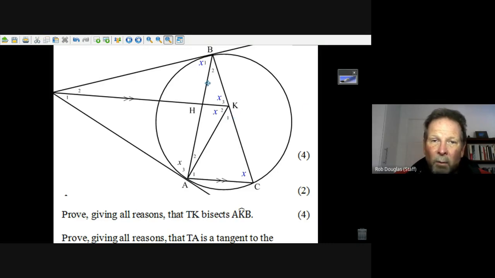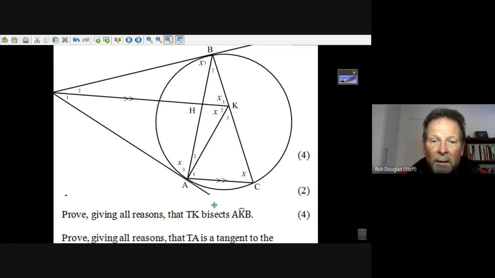K2 must equal B1 because of angles in the same segment in a cyclic quadrilateral, angles in the same segment, AT. Okay, so that's it. We just proved that K2 equals K3, which is X. We just proved that TK bisects, cuts angle AKB into two equal things because we just proved they're both equal to X.